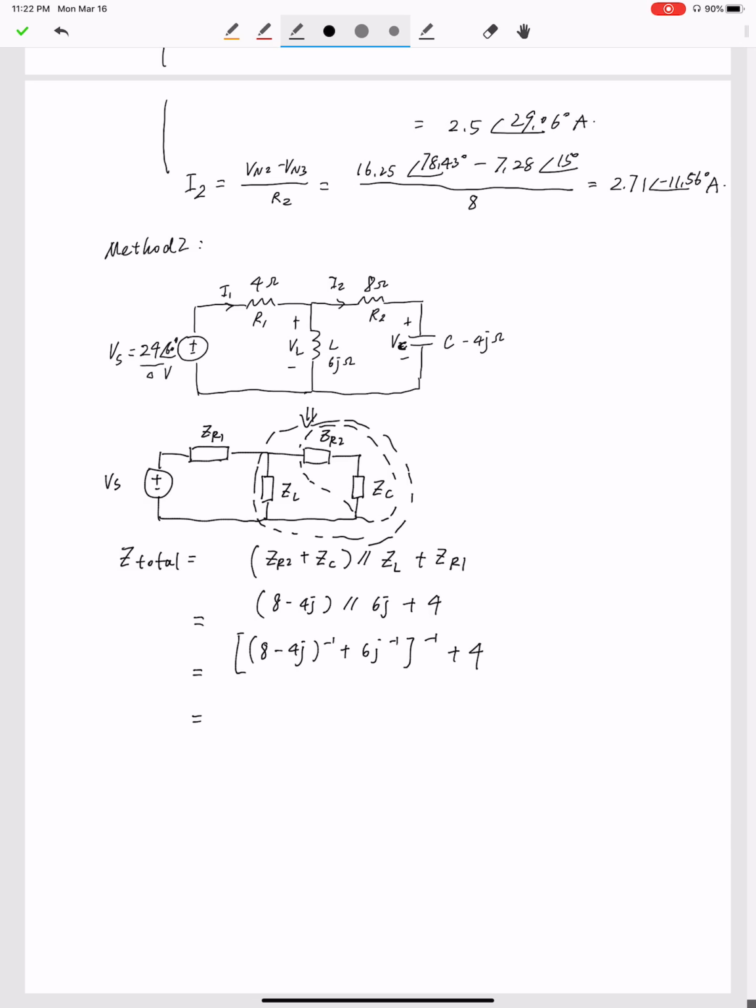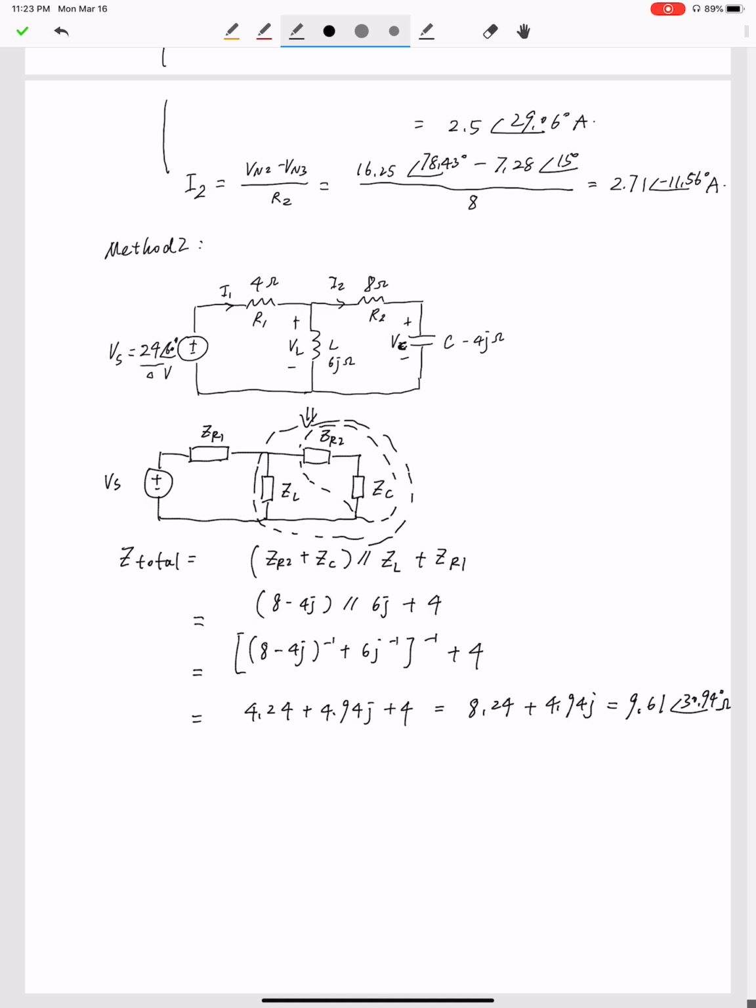By doing that, the calculation you can do yourself. Let me give you the final representation. That should be 4.24 plus 4.94J plus 4, and that equals 8.24 plus 4.94J, which can also be represented in polar form, which is 9.61. The phase angle is 30.94 degrees.